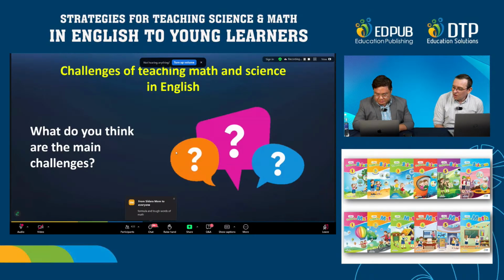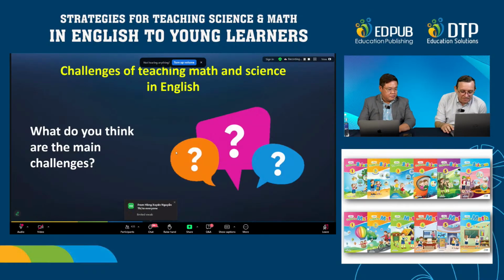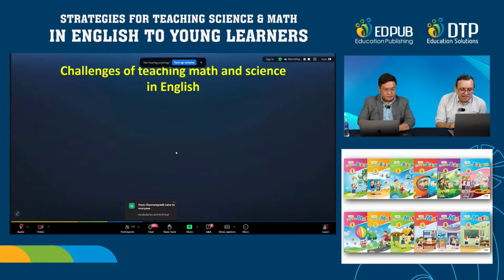There's a lot of comments about the kind of technical language and vocabulary. Because we're kind of focusing on young learners, the first few levels of primary school, it's not too difficult on the technical side, but it does increase in difficulty quite quickly. Let me go through my ideas about the challenges that we've got.